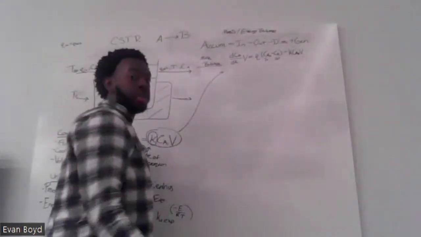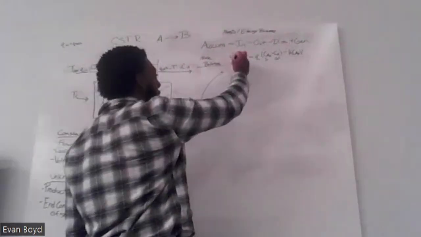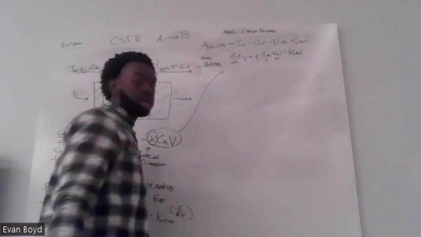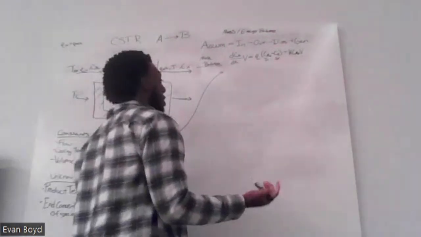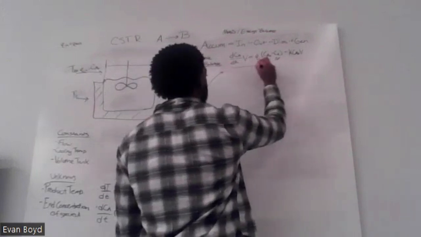So now let's simplify this to get dCA/dt, the change in concentration of A with respect to time, by itself. So we divide this by volume.